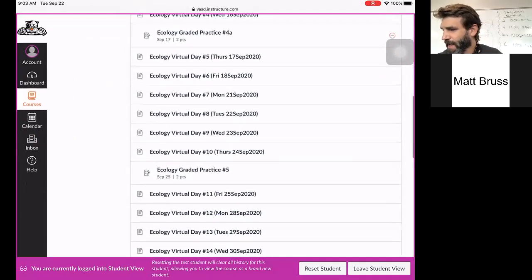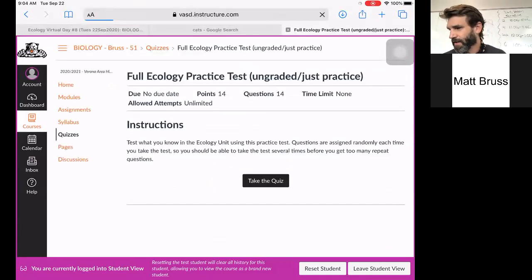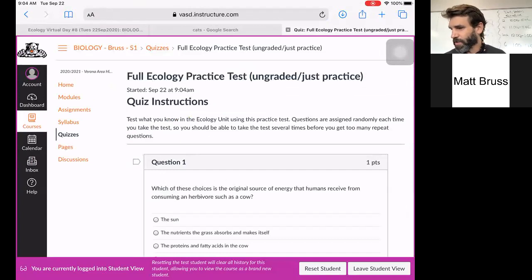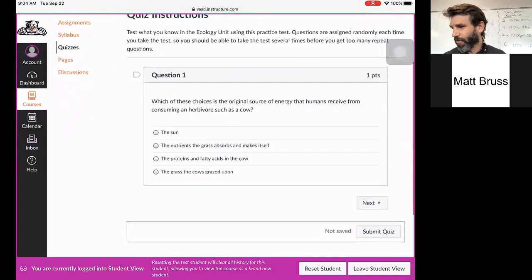And down here is this full ecology practice test, ungraded, just practice. If you click on that, you can take this quiz. You pop in here and question 1: which of these choices is the original source of energy that humans receive from consuming an herbivore such as a cow?